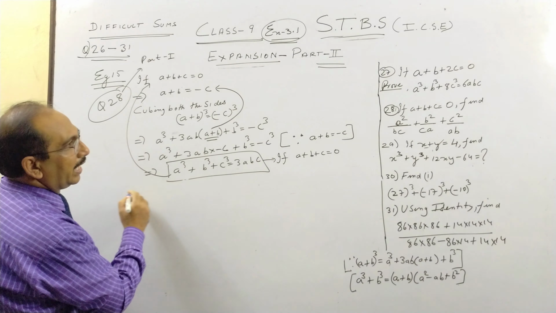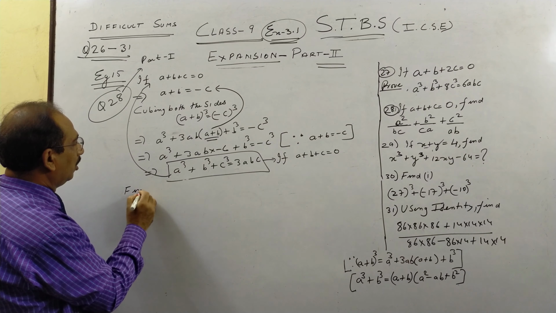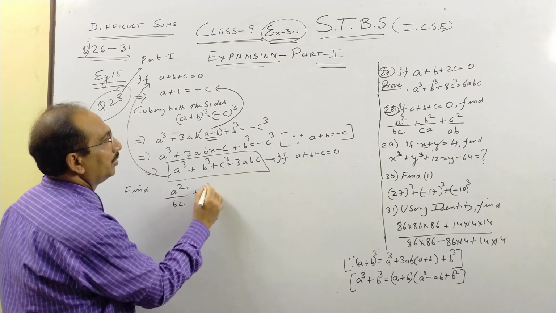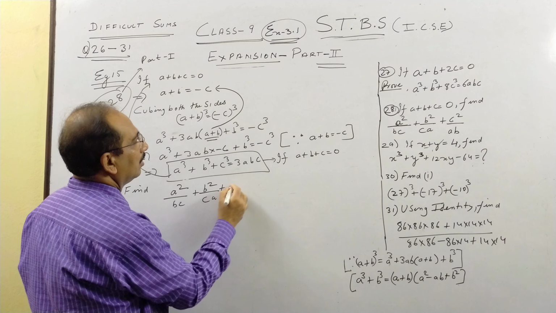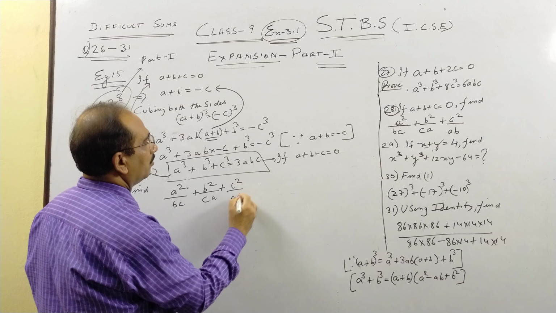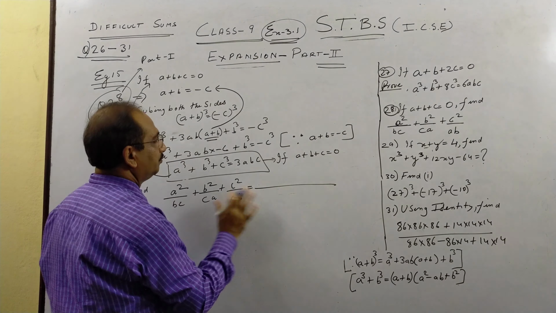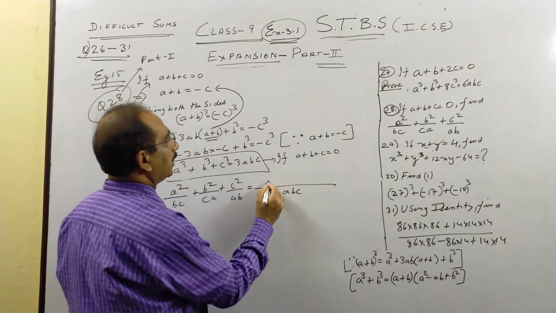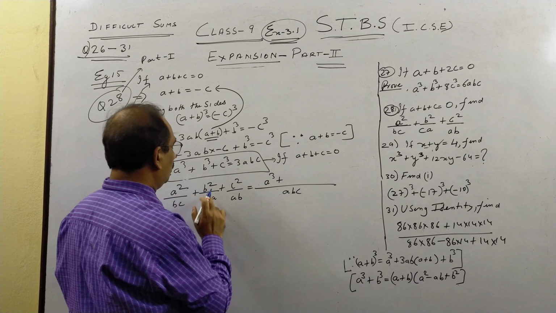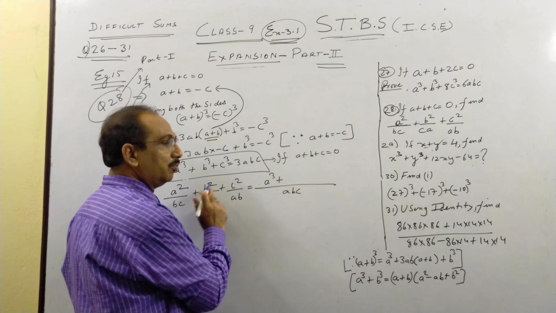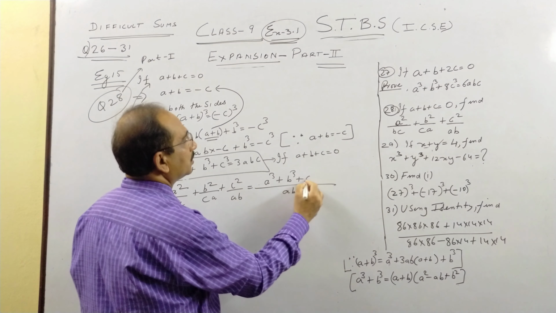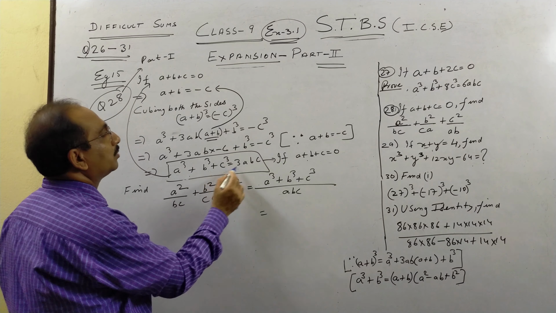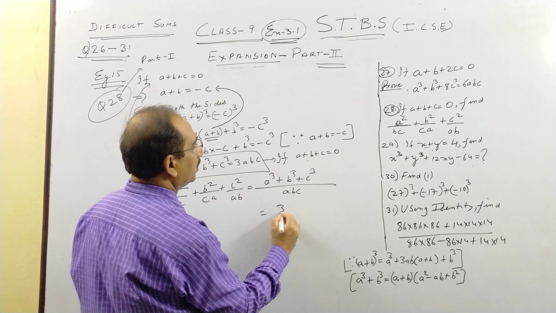So we have to find the value of a square by bc plus b square by ca plus c square by ab. If you take the LCM, we have abc together. bc goes a times, you will get a cube. ca goes b times, b into b square is b cube. Similarly c cube. But we know a cube plus b cube plus c cube is 3abc.